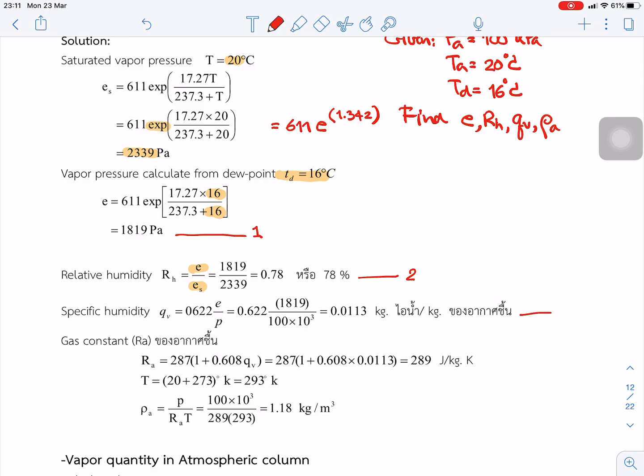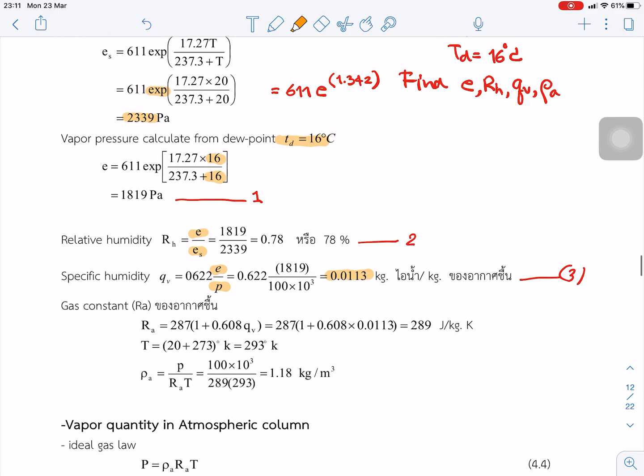The third answer is the specific humidity. We use the vapor pressure divided by P, so we get 0.0113 kilogram per kilogram.